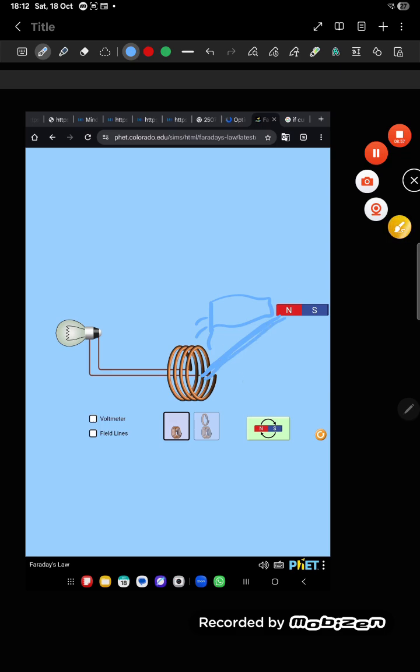So it doesn't only depend on how high it is, but what angle it is. And this is produced by this angle to the normal. The normal is 90 degrees from these coils, from the solenoid.